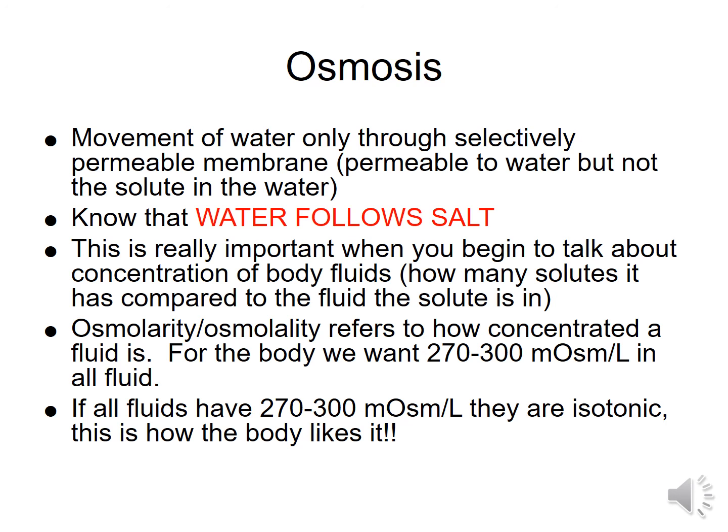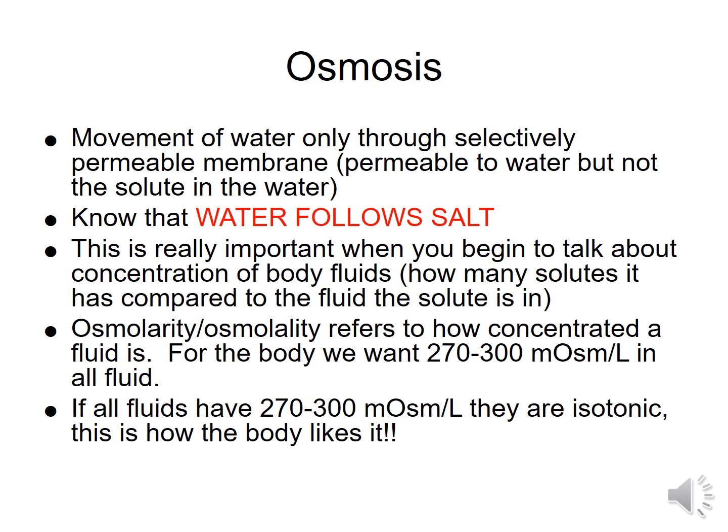So osmolarity or osmolality refers to how concentrated a fluid is. And for the body, we want 270 to 300 milliosmoles per liter in all fluids, and if they have that, they're considered isotonic, and this is how the body likes it, okay?